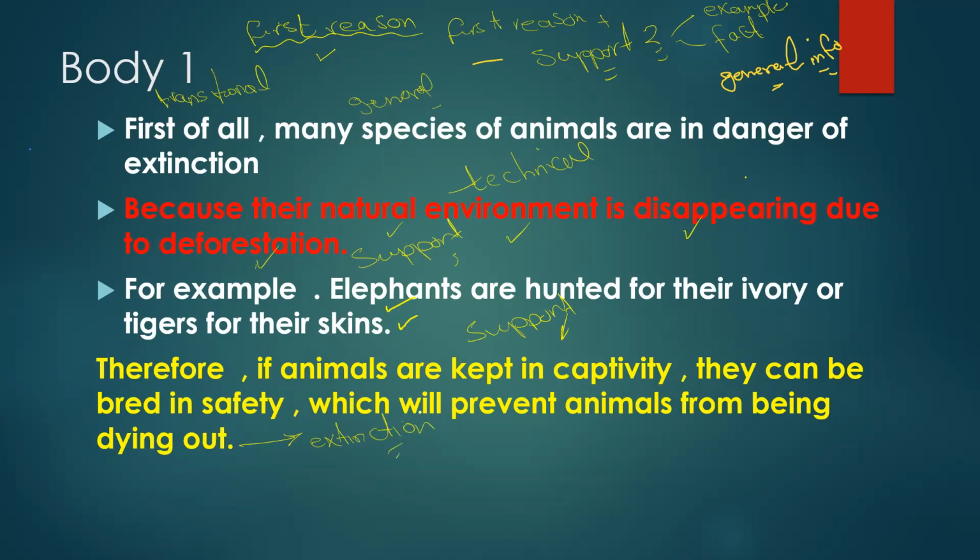So he didn't repeat the word extinction here, and he used a synonymous word that has the same meaning. And this is what I recommended to you in the last session, not to repeat the same words. Okay, this is the first body paragraph, and the same structure will be followed in the second body paragraph.